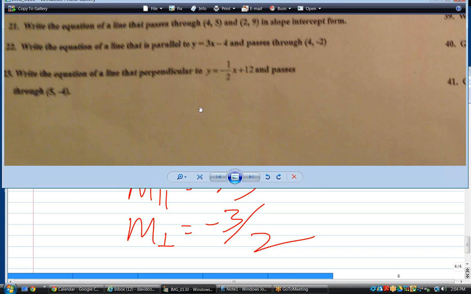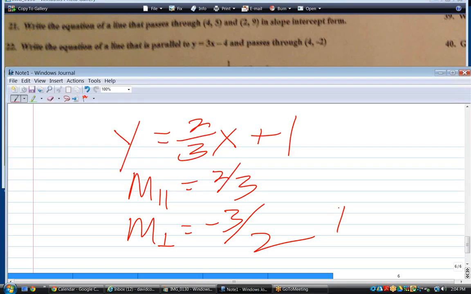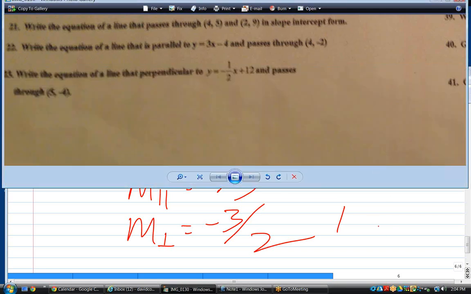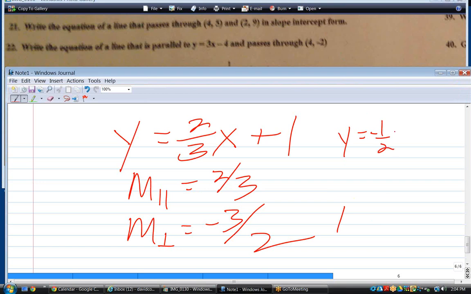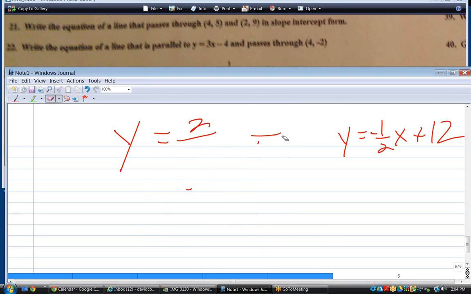What's the slope of the one that's perpendicular to this? You want 23, David? Yeah. This is y equals negative 1/2 x plus 12. Doesn't matter what the y-intercept is. What's the slope of the parallel line?